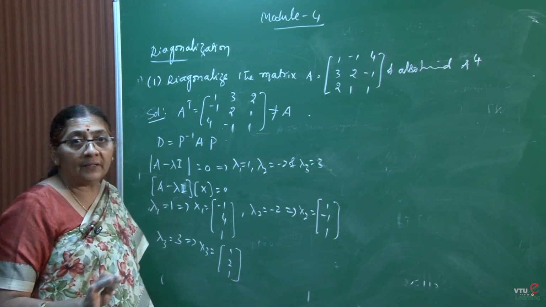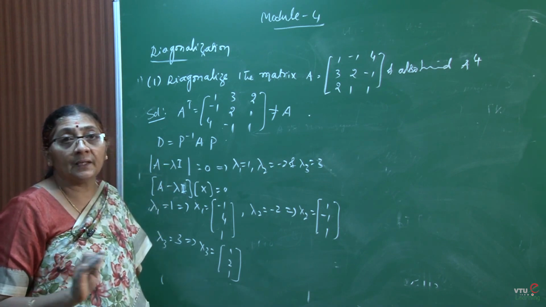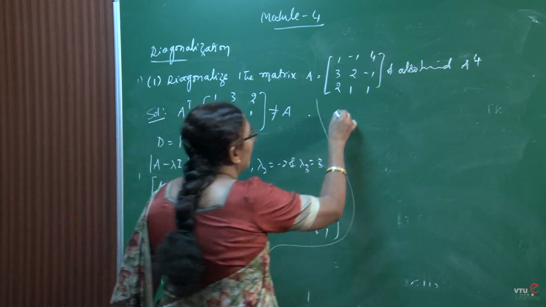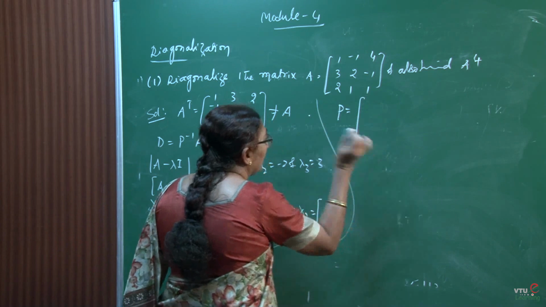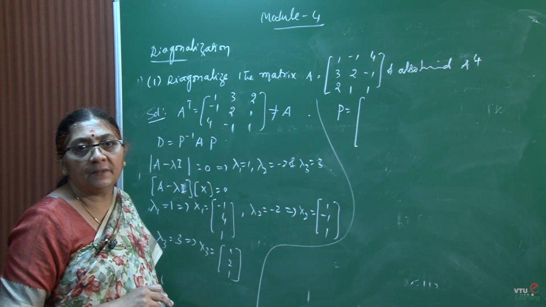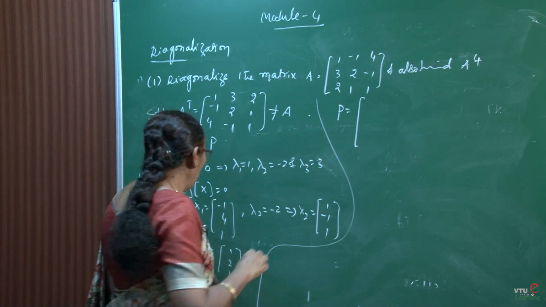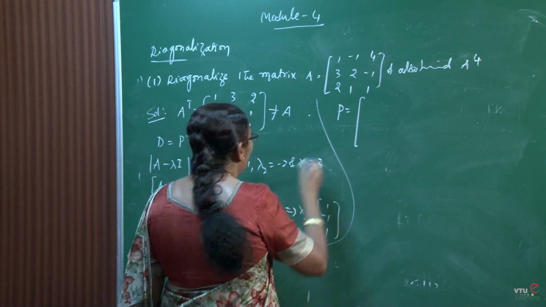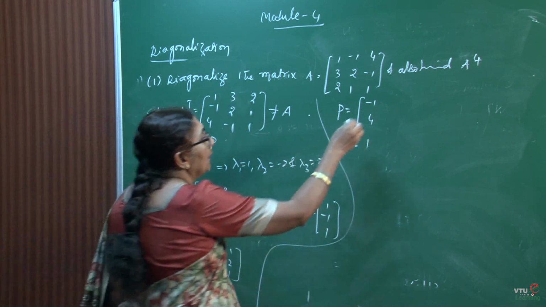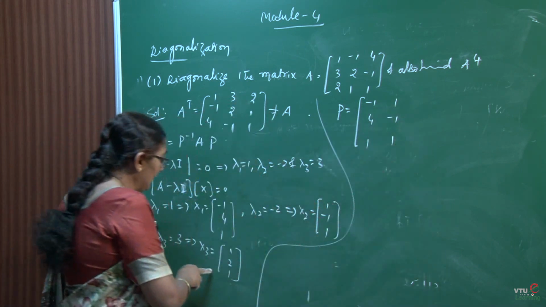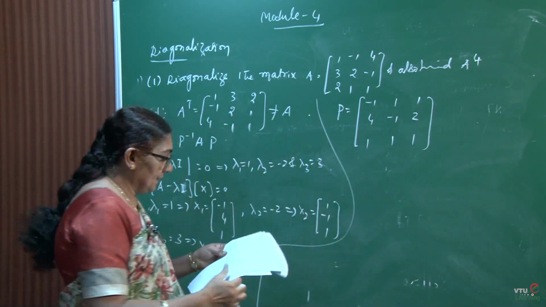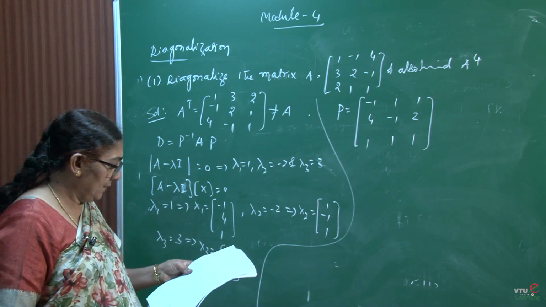Once we get the eigenvectors, don't verify whether they are orthogonal or not, because the matrix is not symmetric, so they are definitely not orthogonal. Therefore, you take P directly: the first column of P is x1, the second column is x2, and the third is x3. So x1 is [-1, 4, 1], x2 is [1, -1, 1], and x3 is [1, 2, 1].